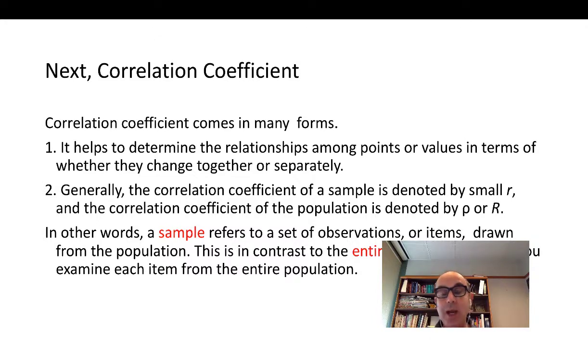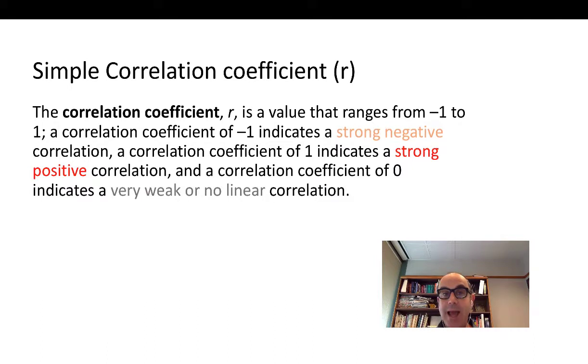It usually refers to a small r, and the correlation coefficient of a population is denoted as rho or capital R. In other words, a sample refers to the observation of items drawn from the population, in contrast to the entire population, where you examine each item of the population.